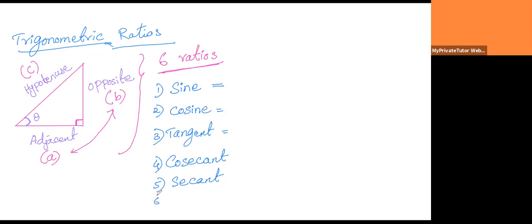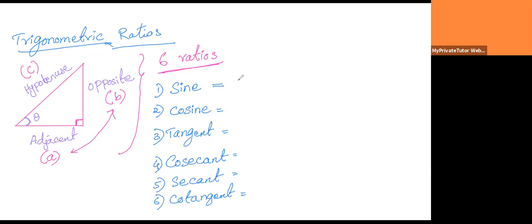And the last one is cotangent. You can call it cotangent. So these are the six ratios you need to remember no matter what. So try to remember the names, but solving is easier. First, you need to remember the names.